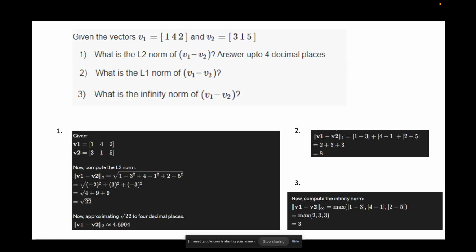Since it's v1 minus v2, it's basically the x coordinate of v1 minus the x coordinate of v2 in a modulus. Similarly for the y coordinate, similarly for the z coordinate. And if you want to find the infinity norm, it's basically the maximum of these modulus differences. So the answer is 3 here.